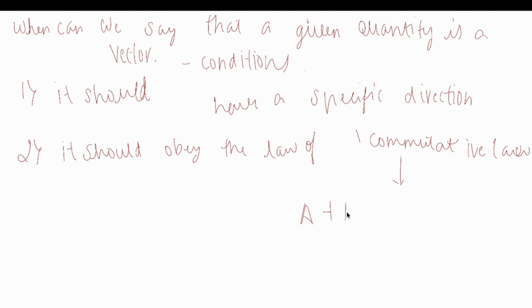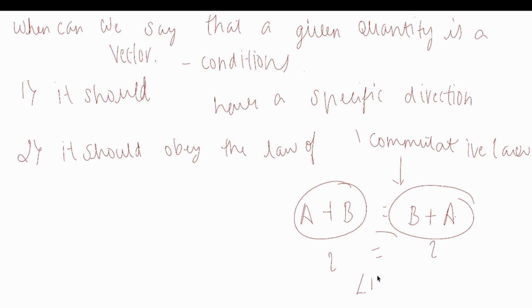If I have a plus b, I should be able to add b plus a. If I add a plus b, I get a value, and if I add b plus a, I should get the same. Nothing but the LHS must be equal to RHS. This is what the commutative law says, and a vector should obey this law so that we can call a quantity a vector quantity.